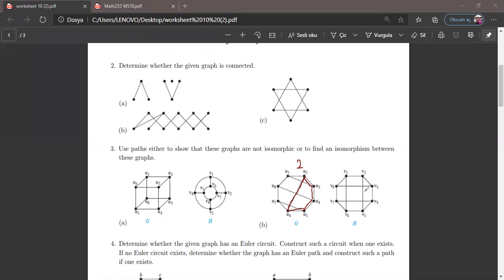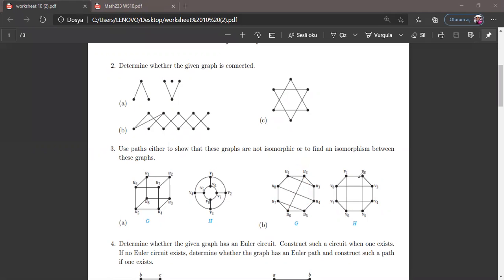What about this one? There is no such circuit. There is no circuit of length 5 because, for example, here we have a circuit of length 4, and this is also of length 4. Each of them is of length 4, so there is no such circuit.